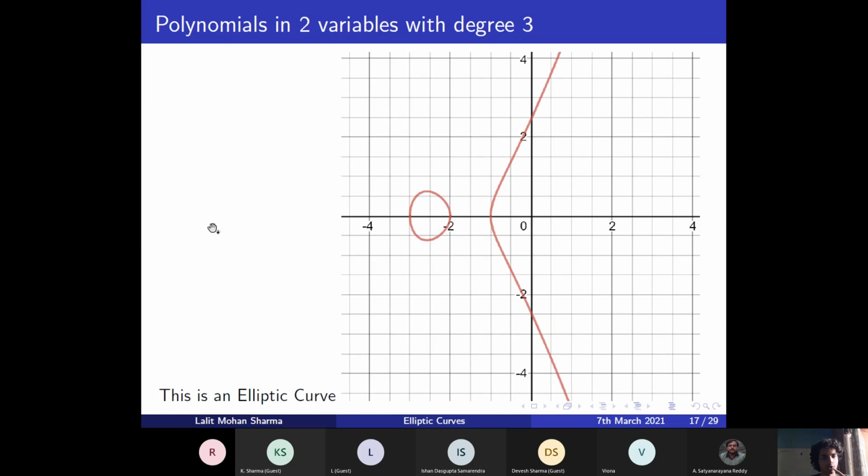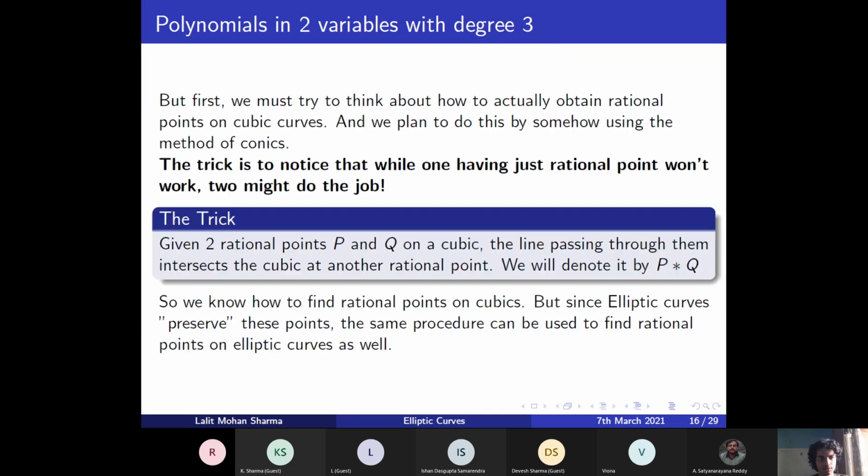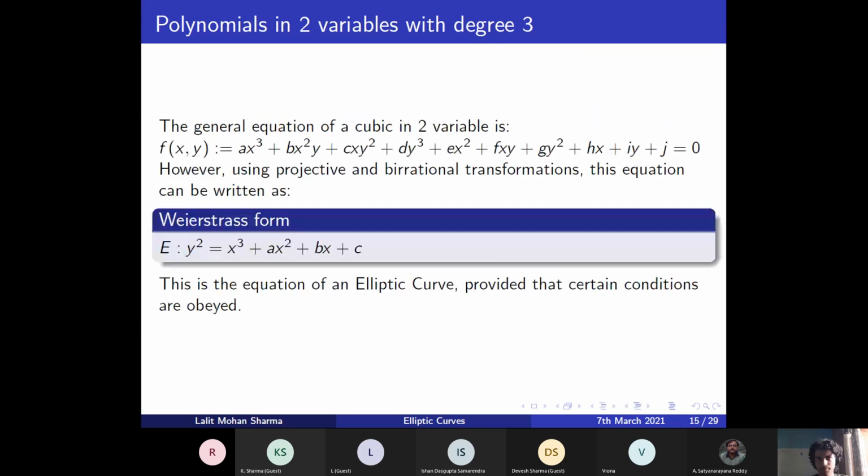So from the equation, could you think about the structure of what the elliptic curve would look like in the real plane? Could you make some observations about it? So this was the equation.